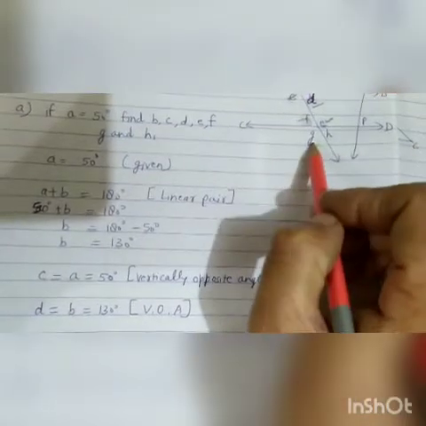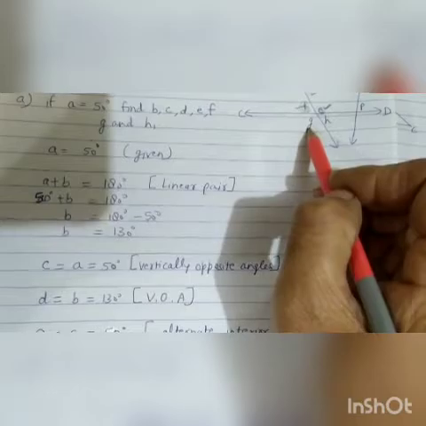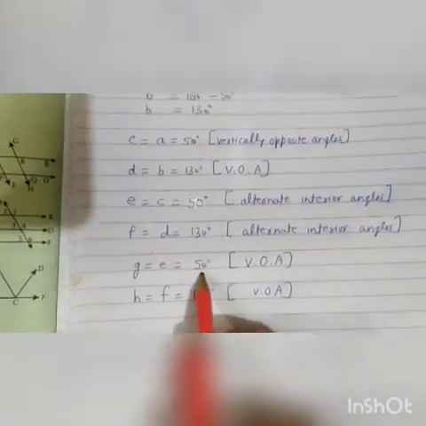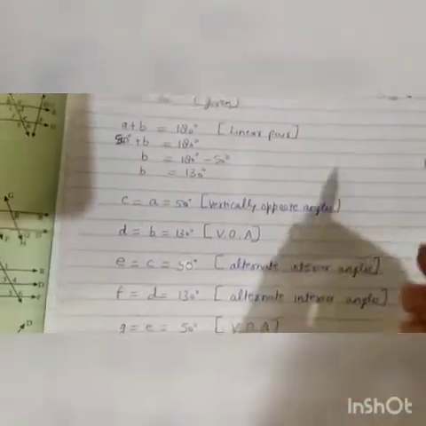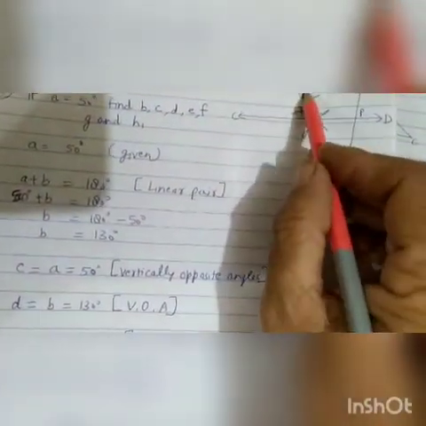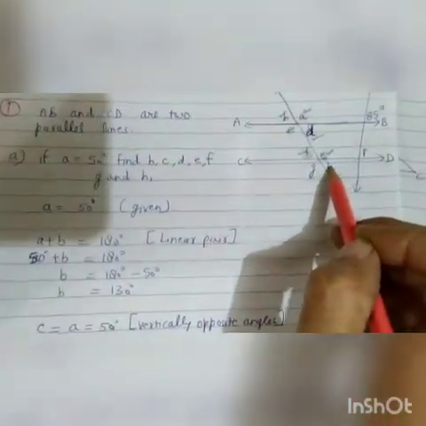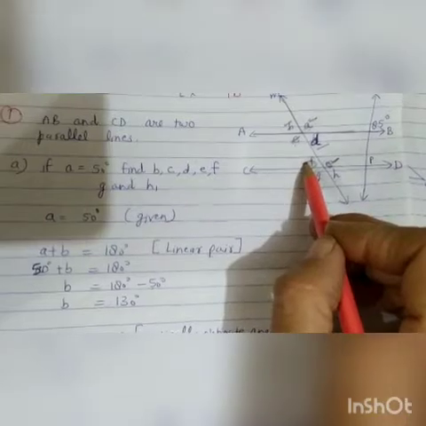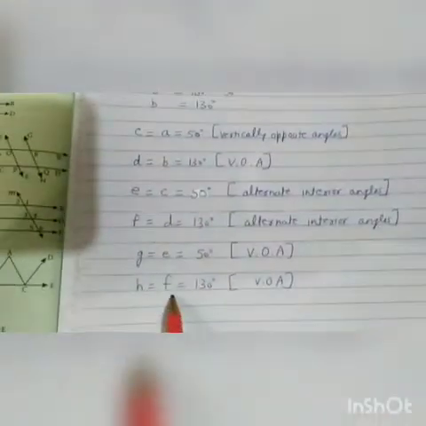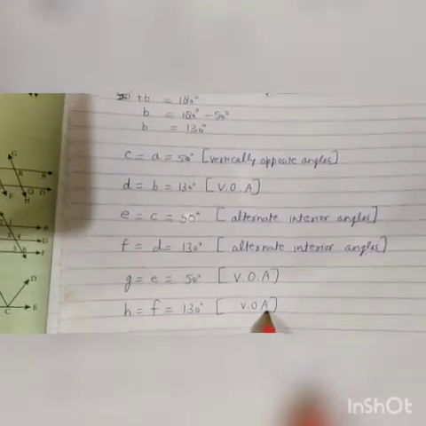G and C are corresponding angles and G and E are vertically opposite angles. So G is equal to E, 50 degrees, vertically opposite angles. And H in the same way we can find from D also. H and D are corresponding angles, and H and F are vertically opposite angles. H is equal to F, equal to 130 degrees. It is vertically opposite angles.